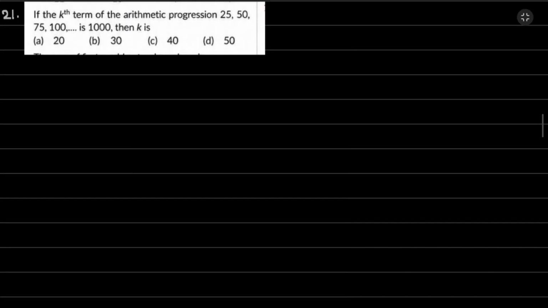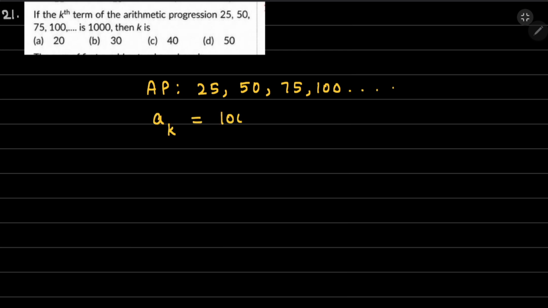It's about the kth term of the arithmetic progression. You're given the arithmetic progression 25, 50, 75, 100 and it goes on. If the kth term AK is given as 1000, then find the value of K. Again, very easy. What is AK?